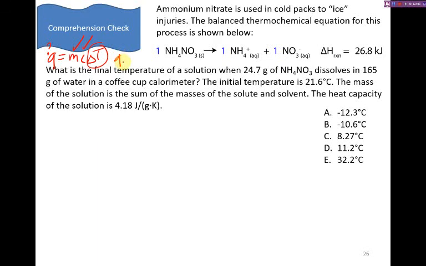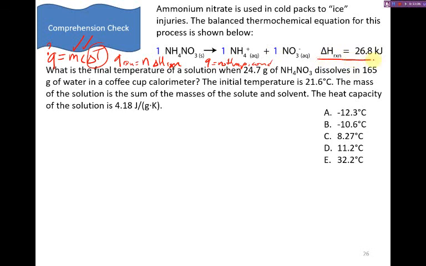Remember that the Q of the reaction is going to be equal to the moles times the enthalpy of the reaction. Notice that this is very similar to when we talked about Q equals n delta H for things like vaporization or condensation. It's the same relationship.